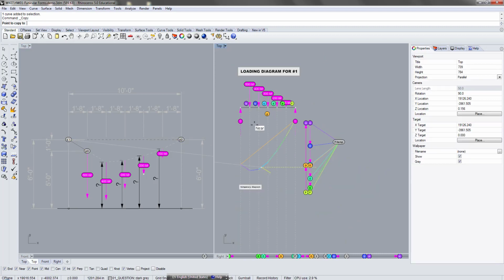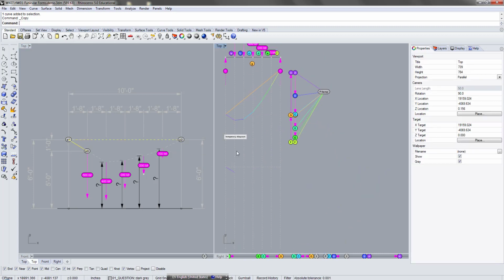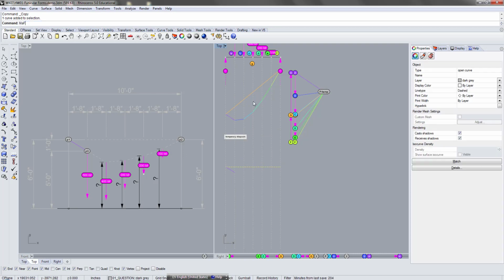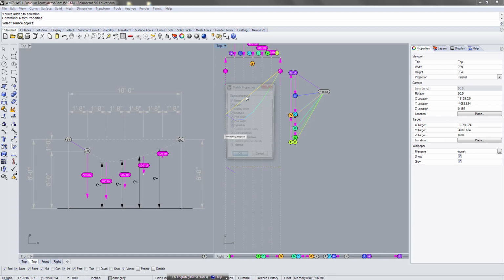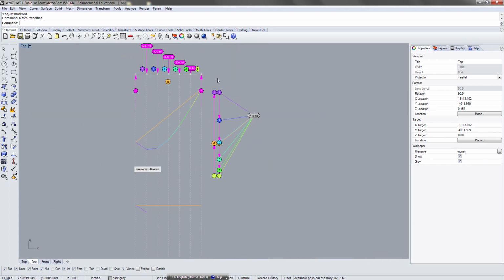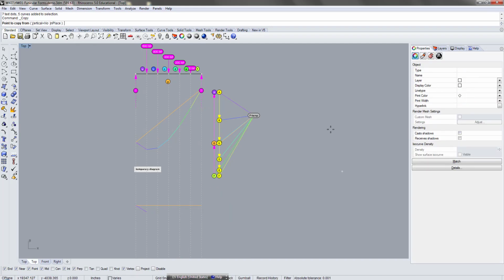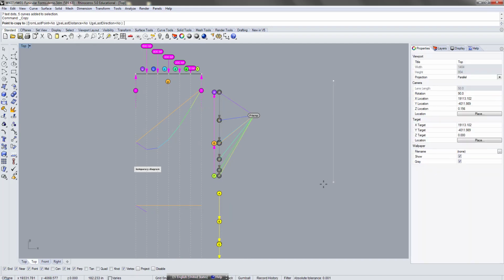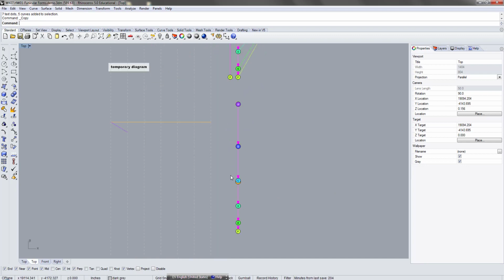So I'm gonna copy that to here, and this horizontal line is what we want as the closing line. So we want to modify the force diagrams according to this criteria.